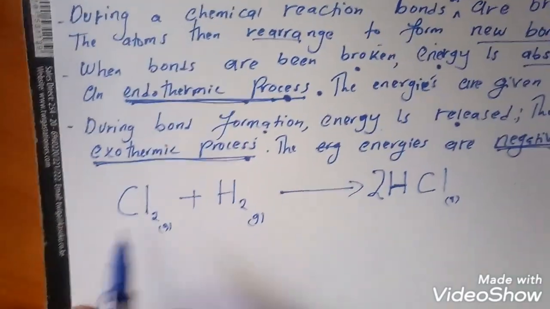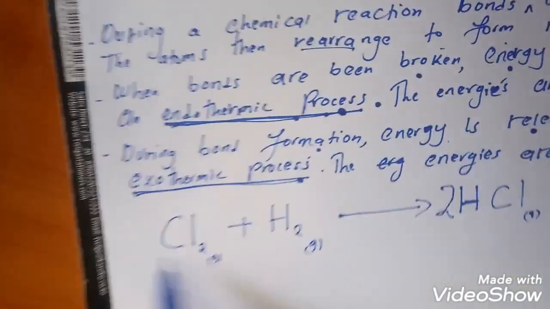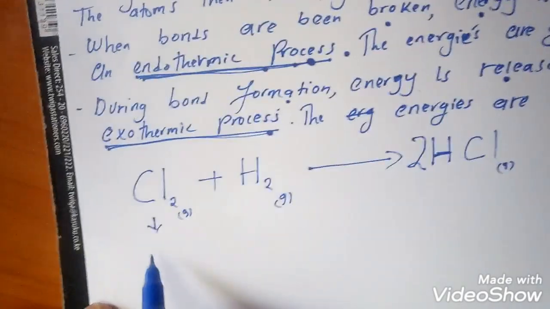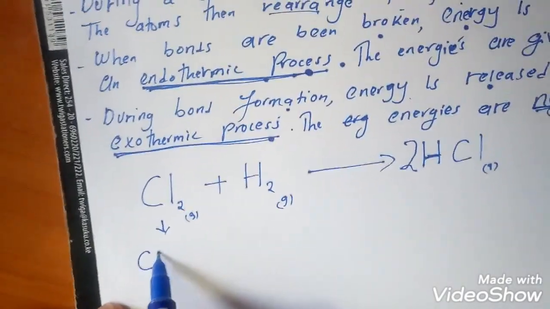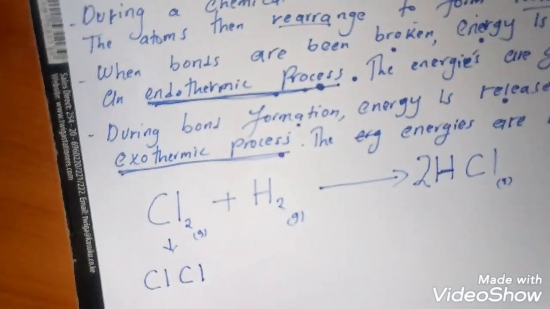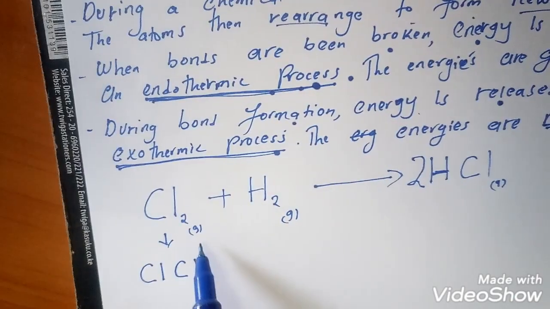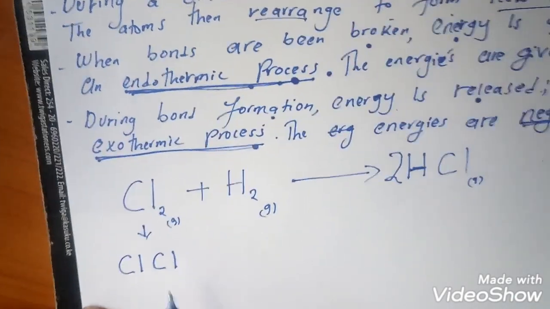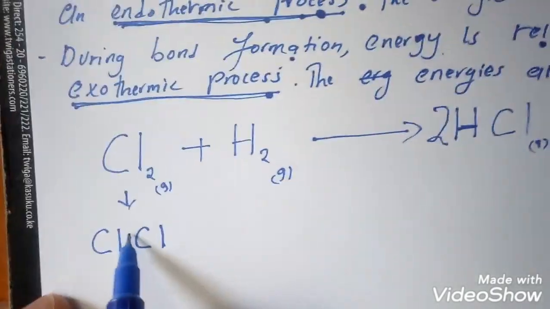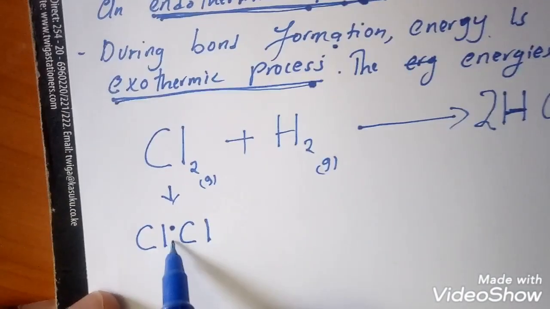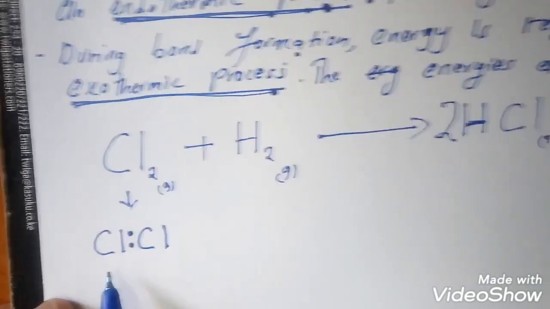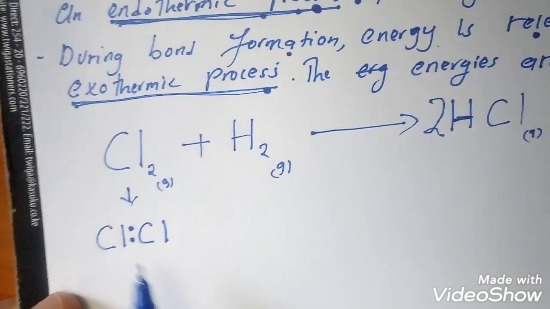Now, chlorine is a diatomic molecule. What you mean by a diatomic molecule is that 2 chlorine atoms combine to form a chlorine molecule with 2 chlorine atoms. And the atoms combine by sharing of electrons. Remember, chlorine has 7 electrons in the last energy level.